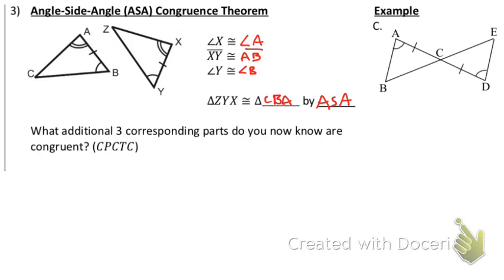So briefly, let's do this example, a real quick proof. I'm not going to do a full-on proof. If we look here, we have angle, side, and to use this, I would notice in the drawing that I do have vertical angles, so I'm going to write that in. I know that angle C and angle C here are congruent, and this is by vertical angles.